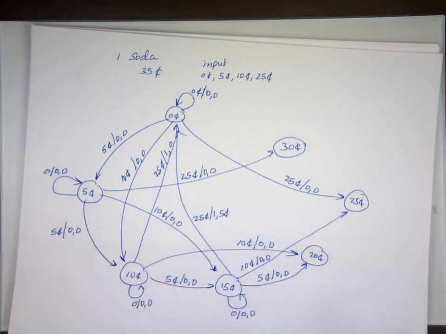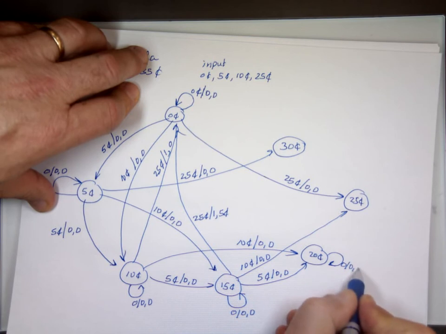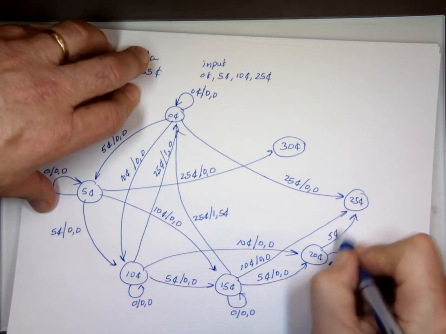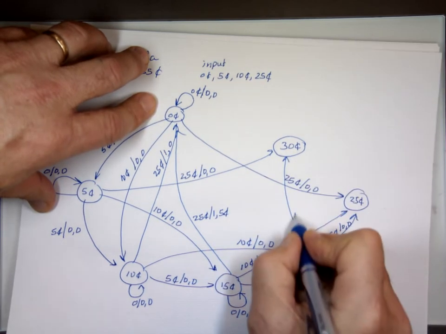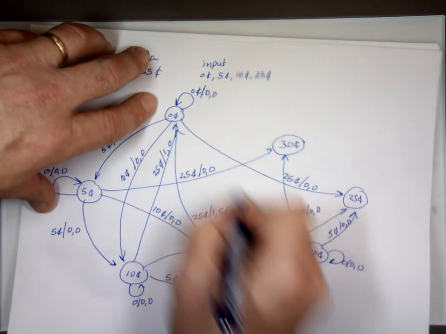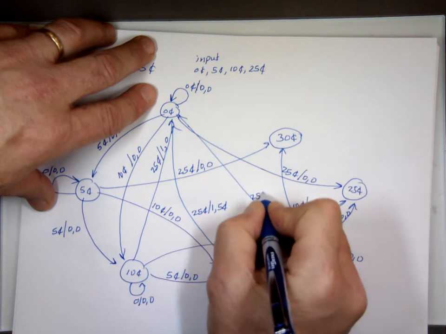You put nothing, you stay there. You put 5 cents, you go there. 10 cents, you go here. 25 cents, you get what? Candy and how much back? 10 cents.